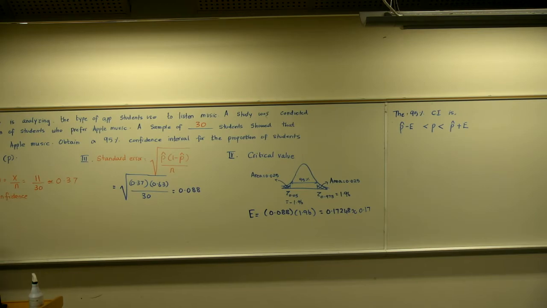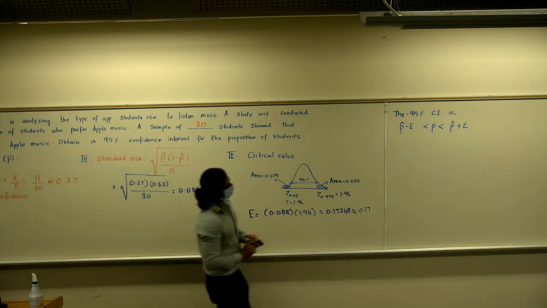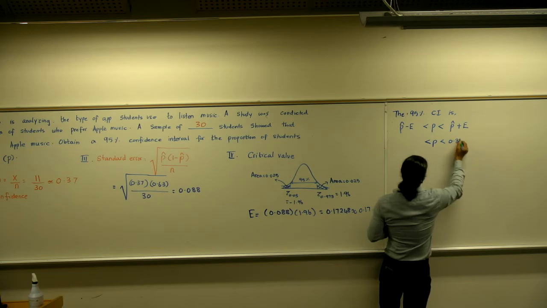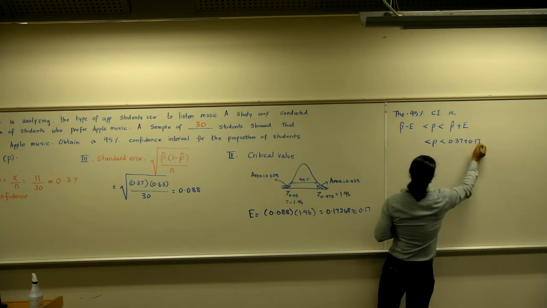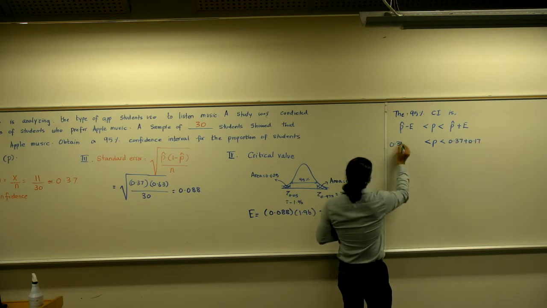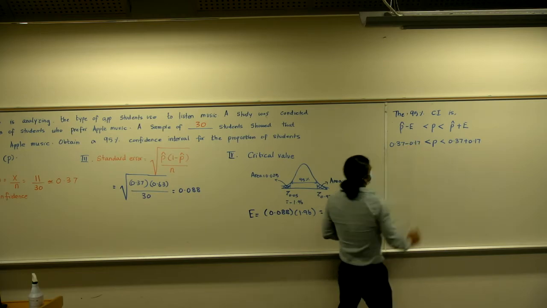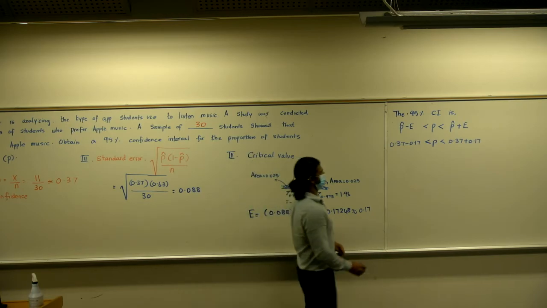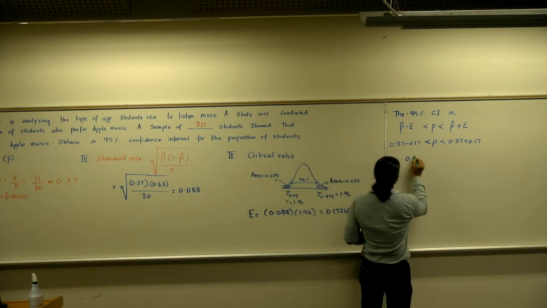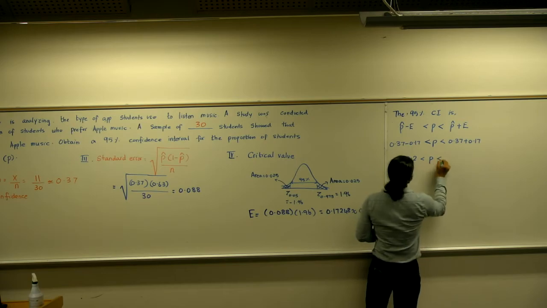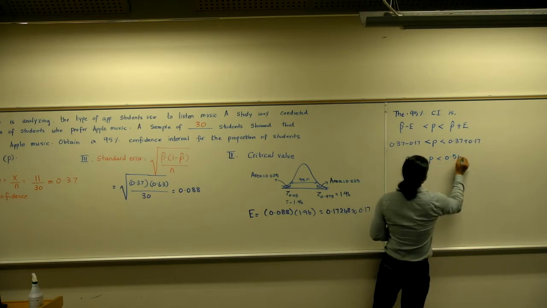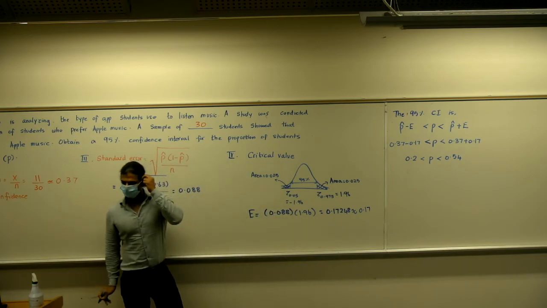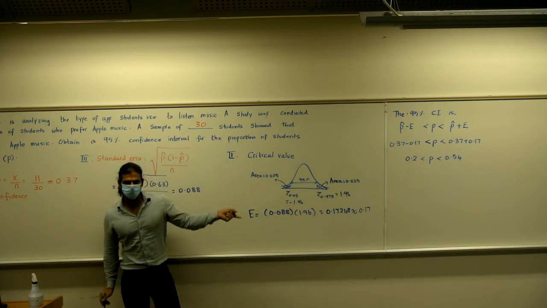So 0.37 plus the margin of error, and 0.37 minus the margin of error. So we have 0.2 less than p less than 0.54. Clear?